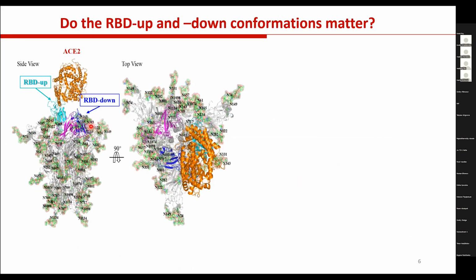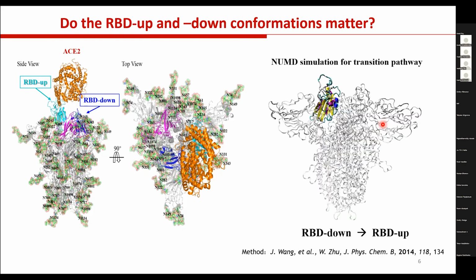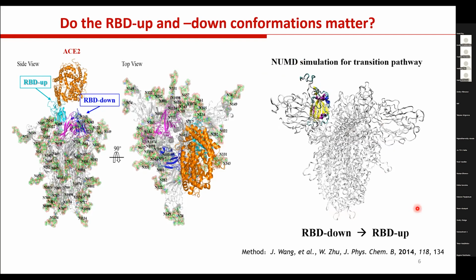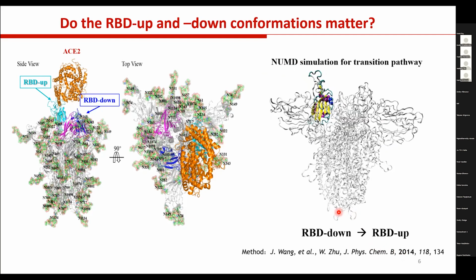So we wanted more conformations, and we wanted to sample the conformations on the transition pathway from RBD down conformation to up conformation by using a simulation method called NewMD, which we published in 2014.